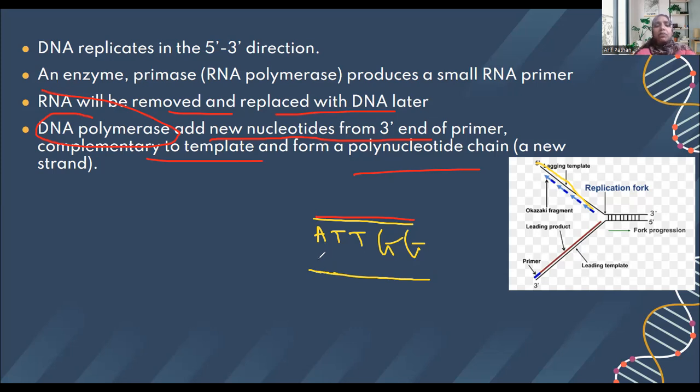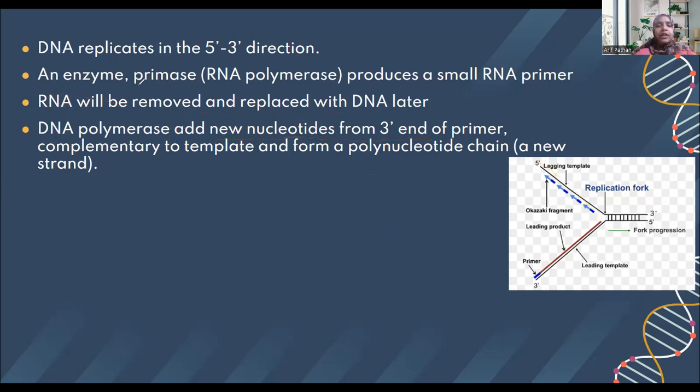Which nucleotides will be brought? A pairs with T, so thymine nucleotide, then T pairs with A, then A, G pairs with C, and G pairs with C. So this will be the sequence of the daughter strand. Okay, these nucleotides will be brought in one by one by which enzyme? DNA polymerase.